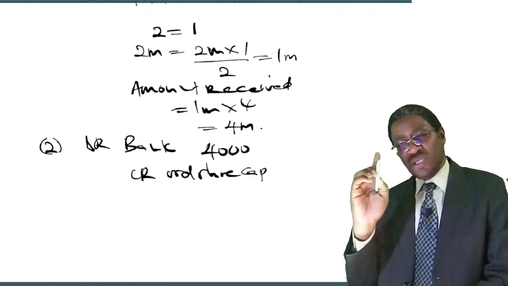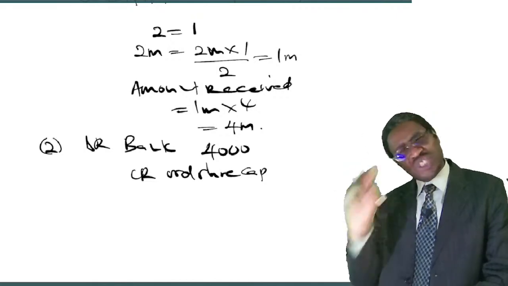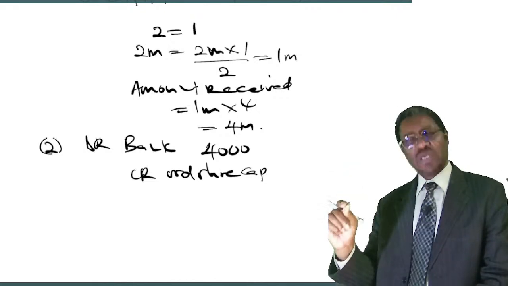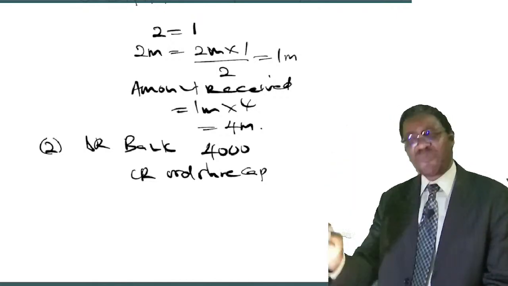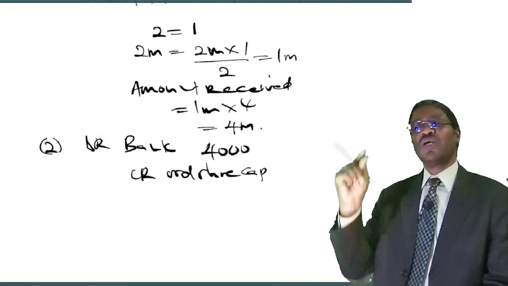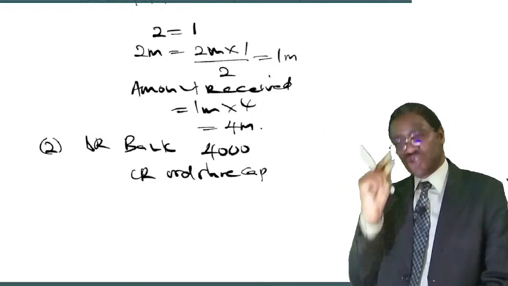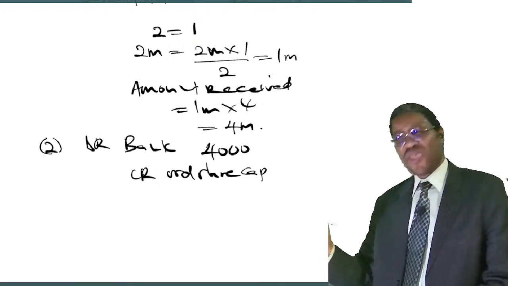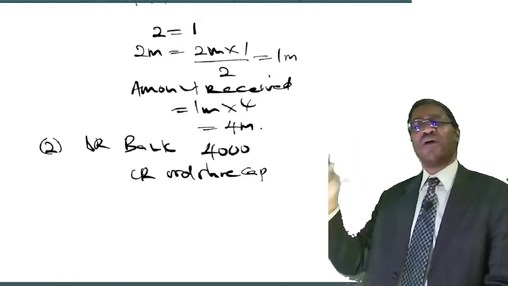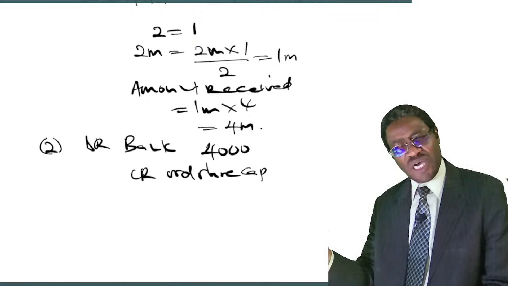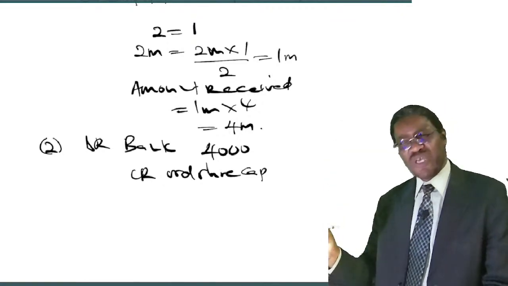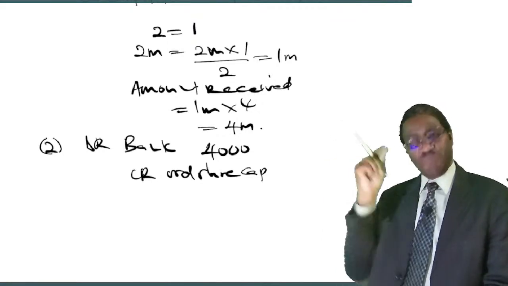So listen, when shares are issued, you must credit the share capital with the total nominal value. The amount of the premium does not go to the share capital account. The amount of the premium must go to the share premium.